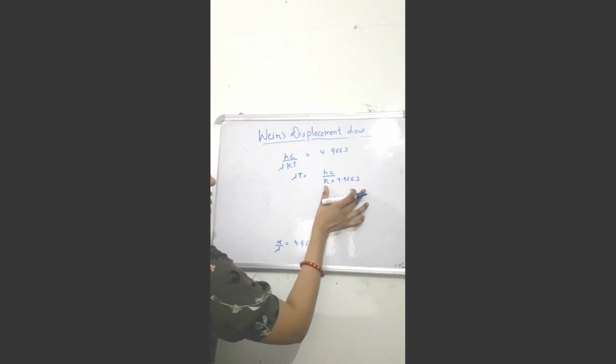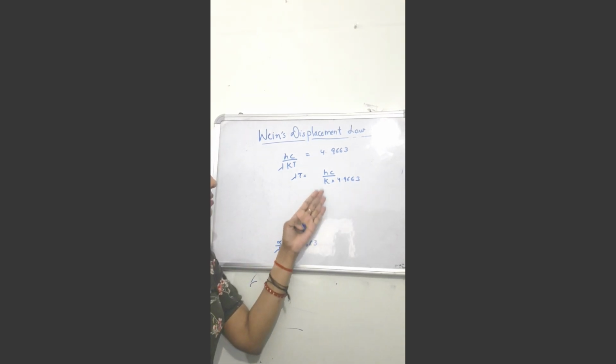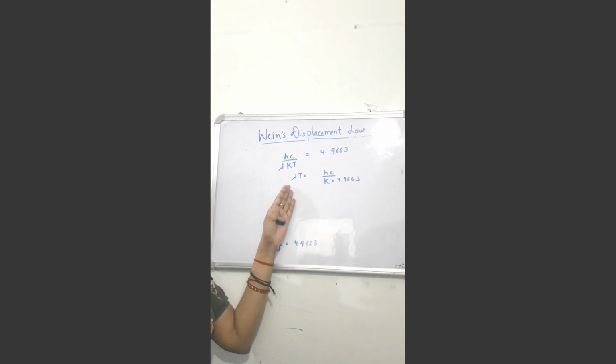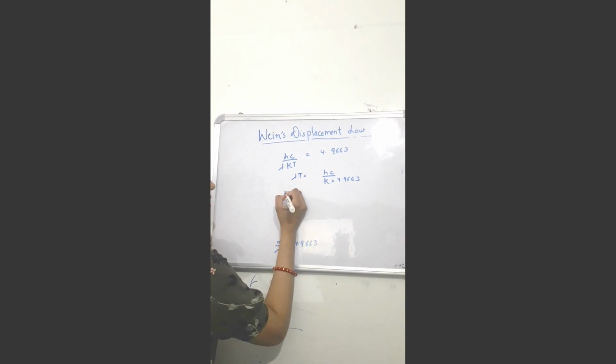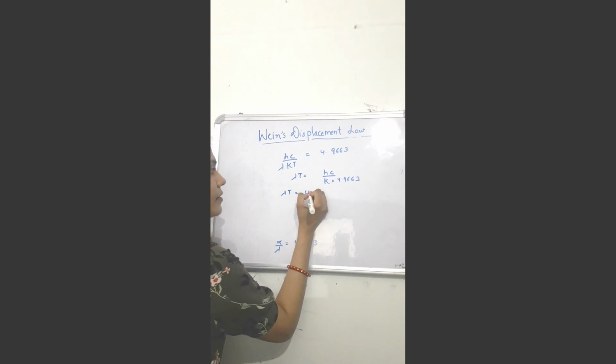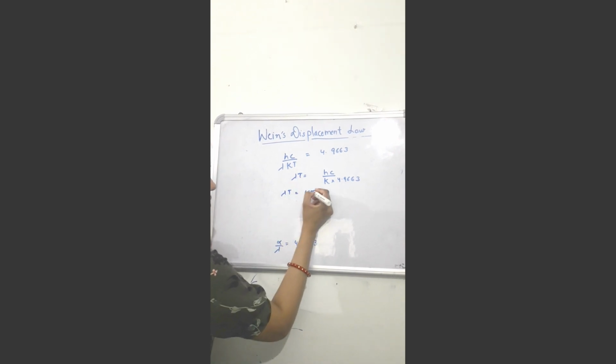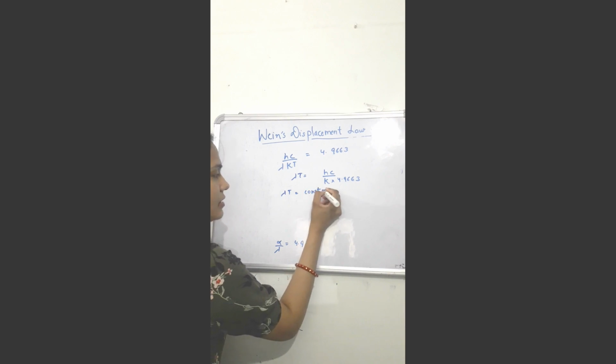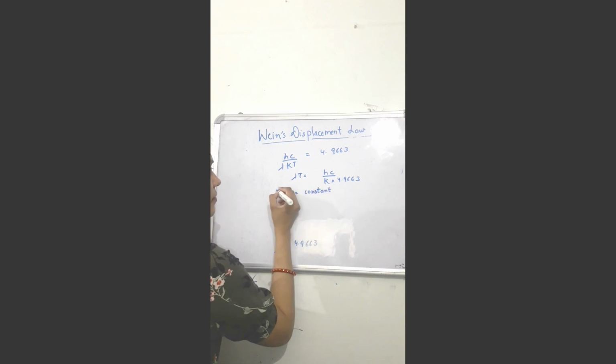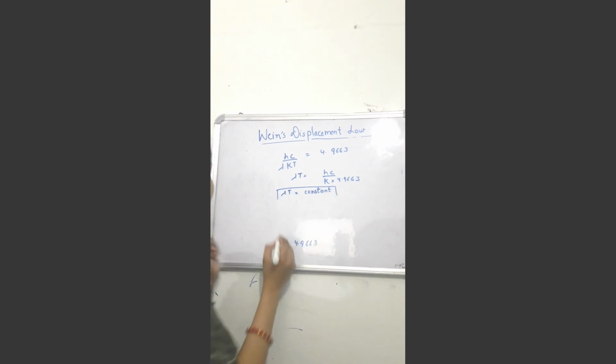This whole quantity is equivalent to some constant. So we can write λT = constant.